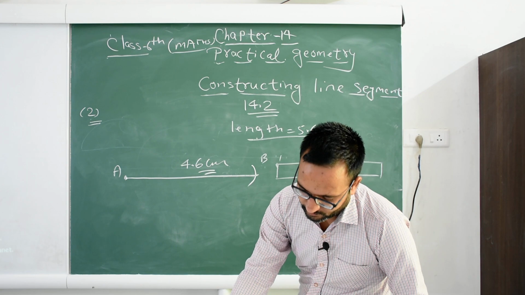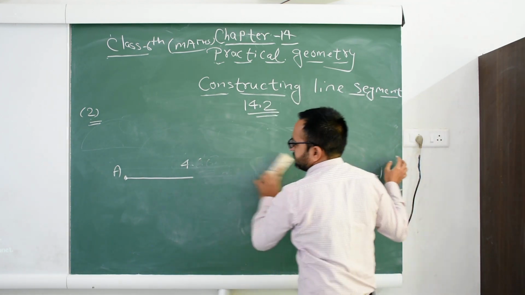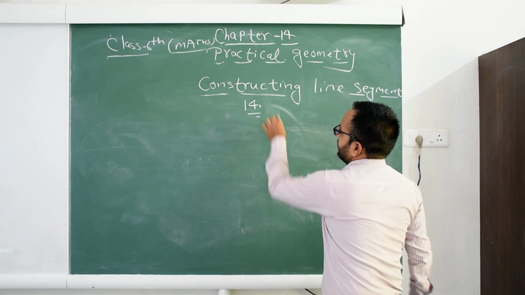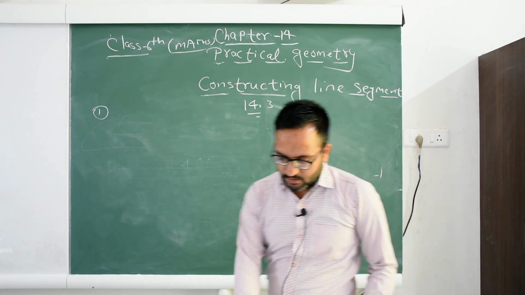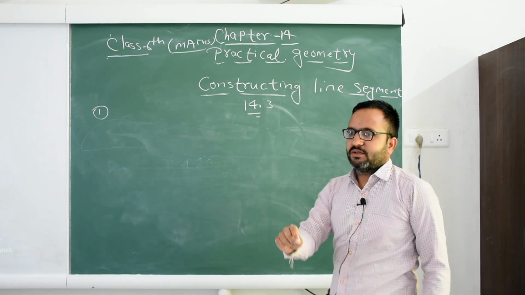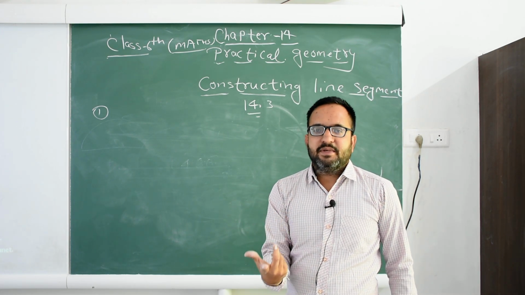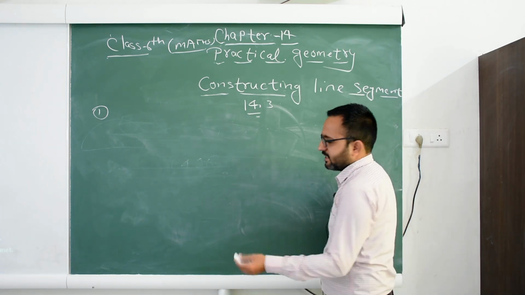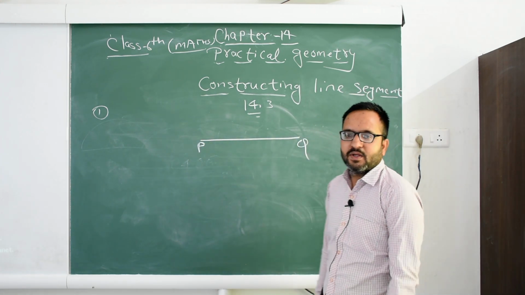Now exercise 14.3, question number 1. Draw any line segment PQ. In this question we don't know the measurement of the line segment, so without measuring we draw any line segment PQ.